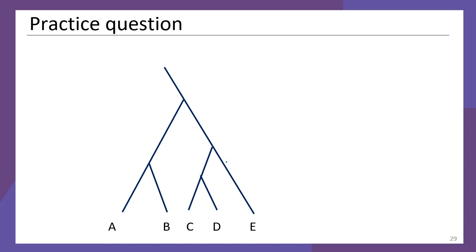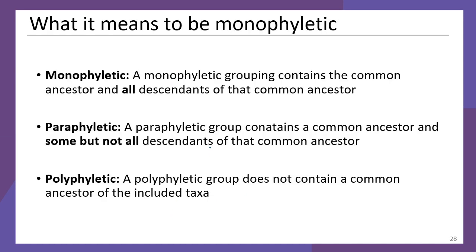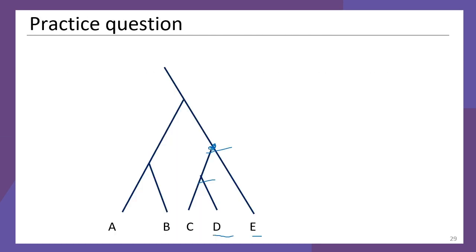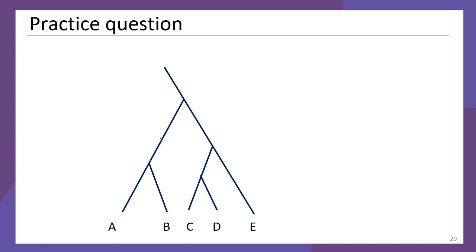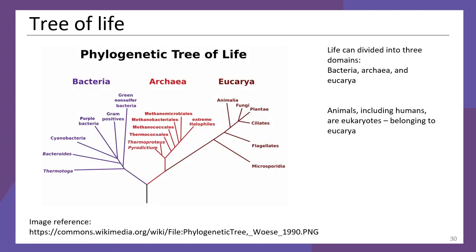If, on the other hand, I decided to take D, E, this ancestor, and I didn't take C, then this would be a paraphyletic group because I'm taking this round one, and I'm taking most of the descendants, so I'm taking some of them, but I'm not taking all of them. It has to be all of them to be a monophyletic group. Just all of the descendants of a particular point.